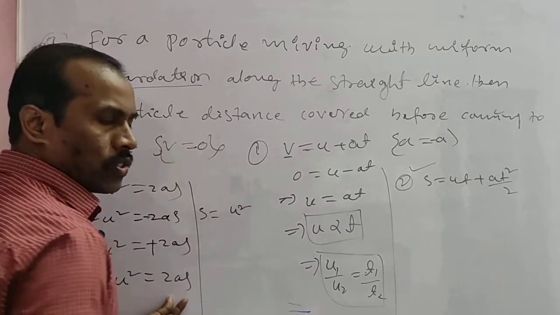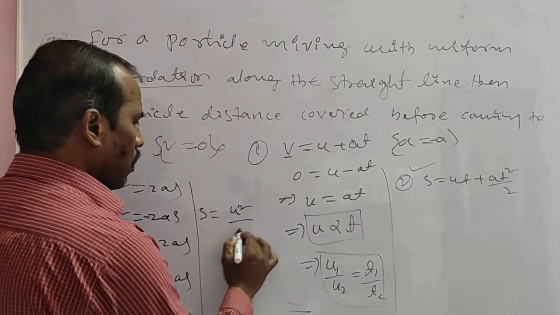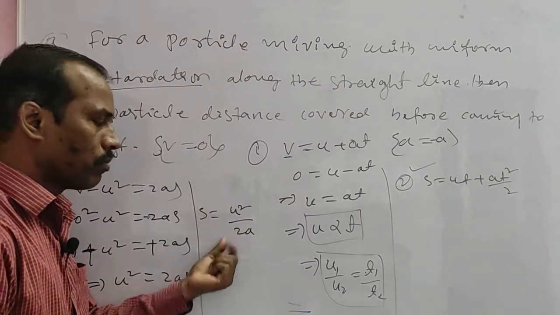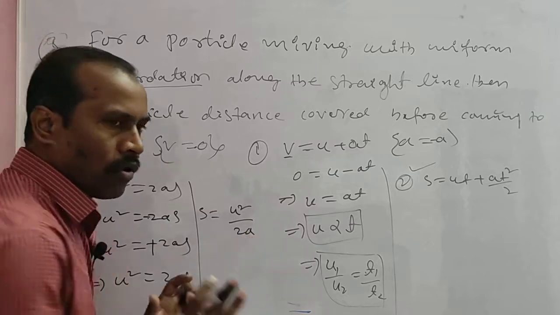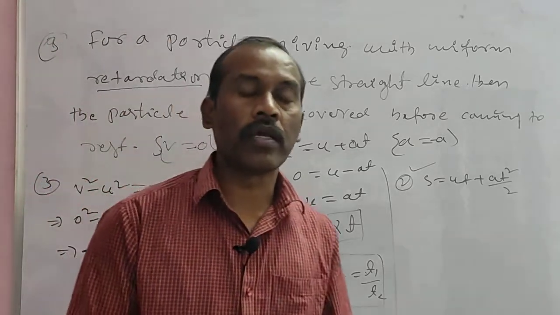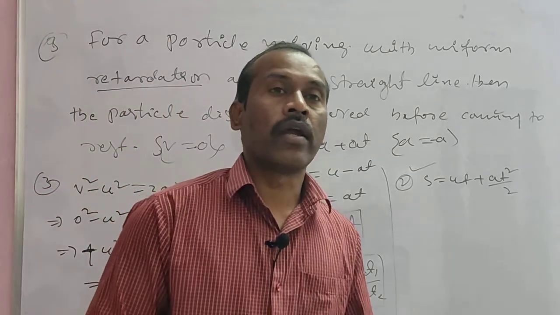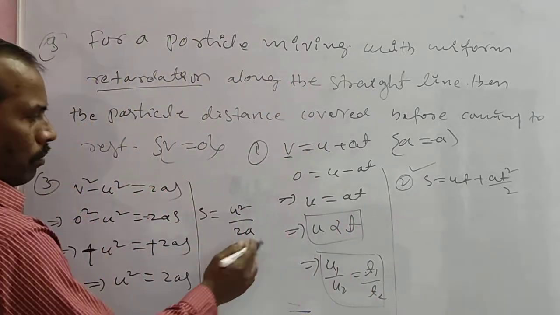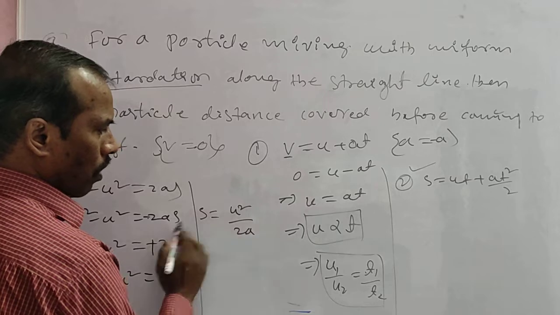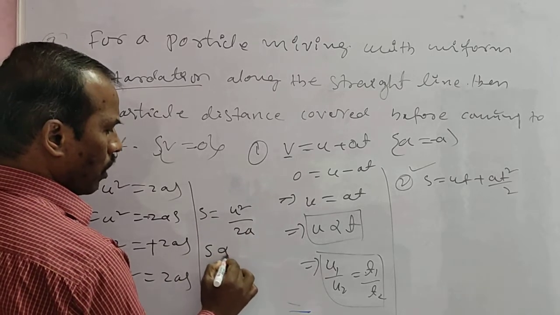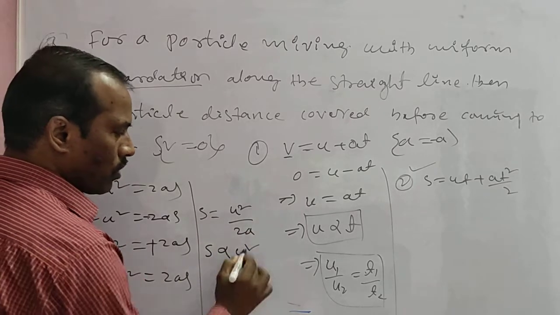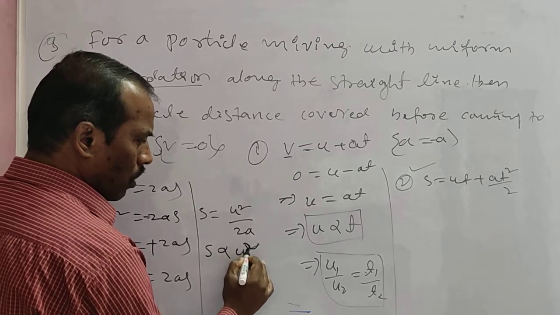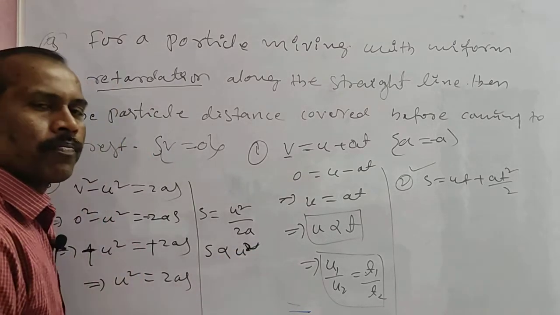So displacement s is equal to u square, the square of the initial velocity, by 2a. Here a is constant, it means retardation, deceleration, and 2 is constant. So the displacement of the particle is directly proportional to the square of the initial velocity.